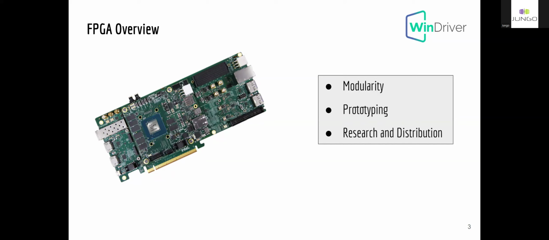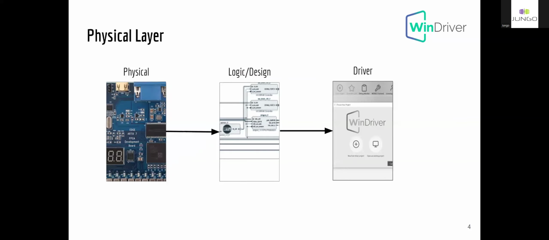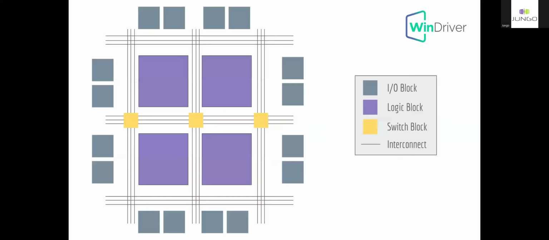This is, I know, very general because this is not our scope. We will talk much more about the code and the driver layer. So let's talk about the physical layer first. What is an FPGA and how does it make the magic work? Unlike other devices or PCB cards, on an FPGA you have very dense electronic components or blocks that allow you to implement logic of your choice.